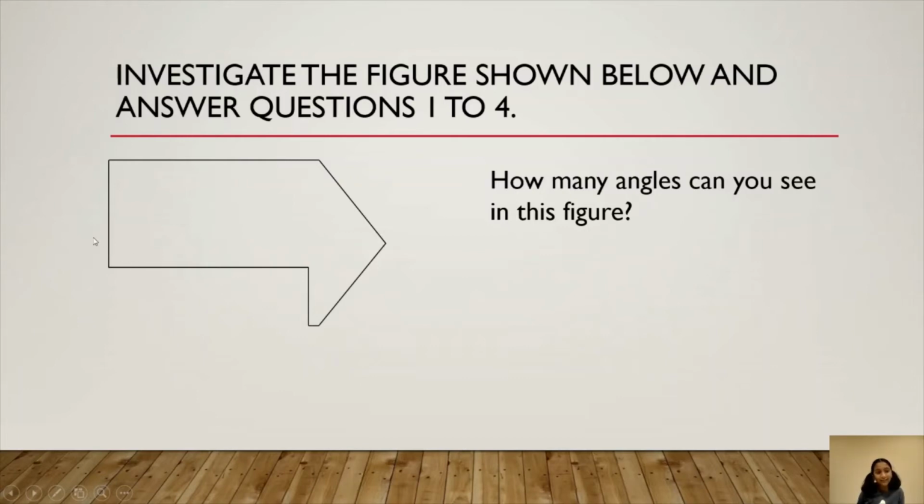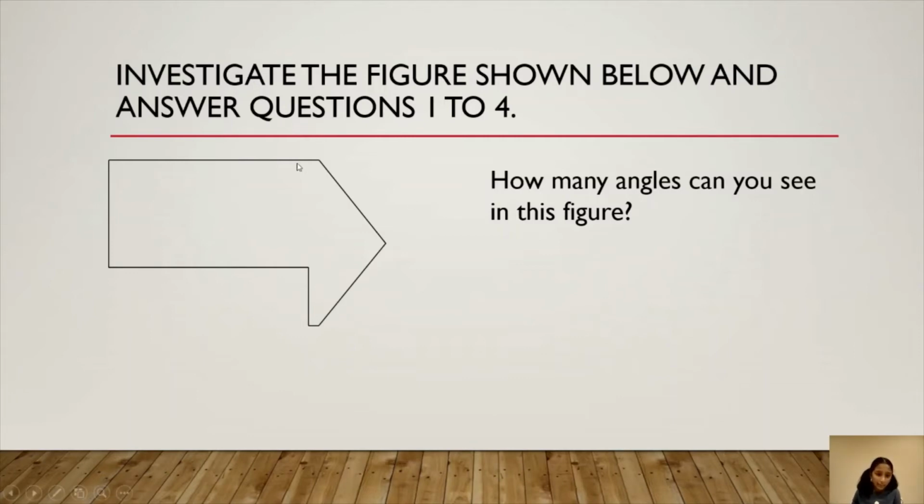See that angle? So that is 2. Now, you see the angle where this line segment and this line segment connect right over here. So that is another one. So now we have 3.